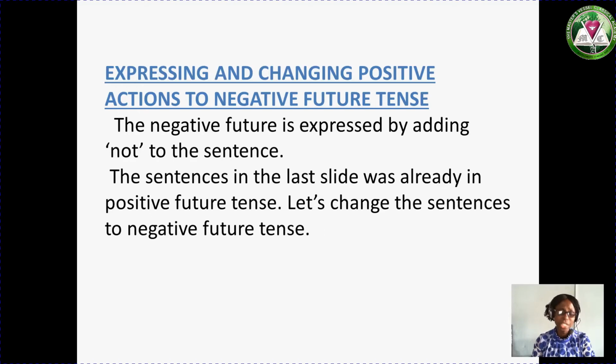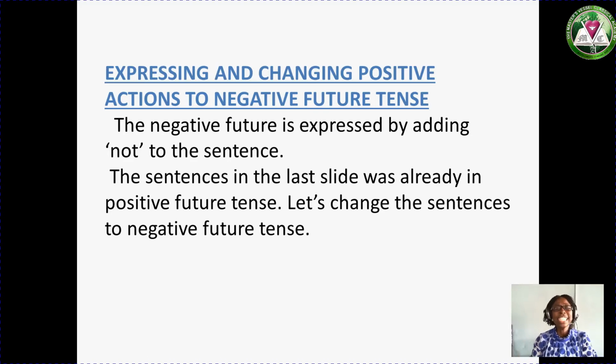You use not immediately after the modal verb. If you put it there, the sentence will automatically turn to negative future tense. It's still talking about a future action, but it's telling us an action in the future that will not happen. Are you getting it now?